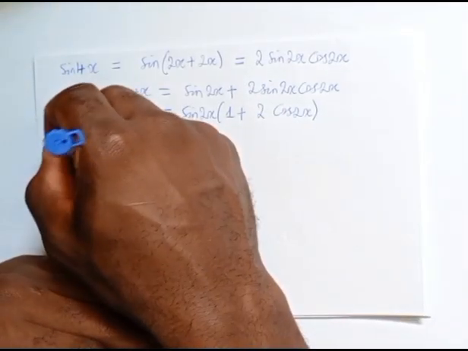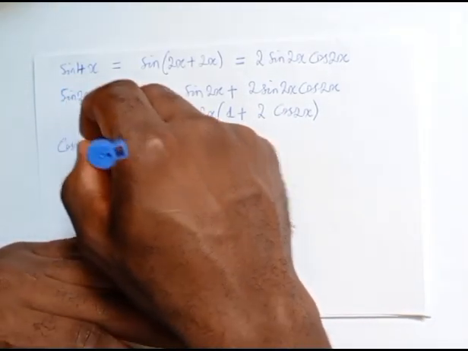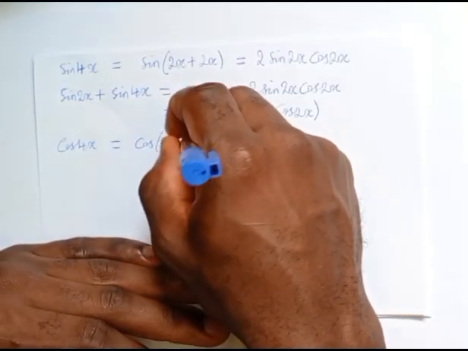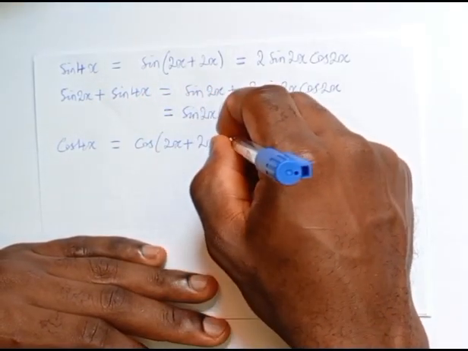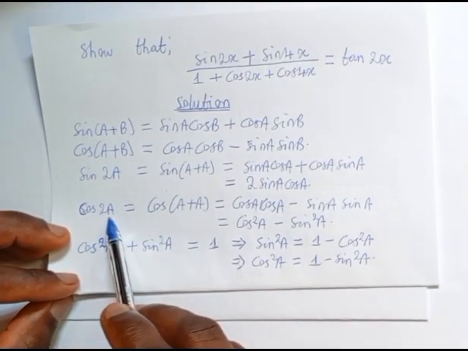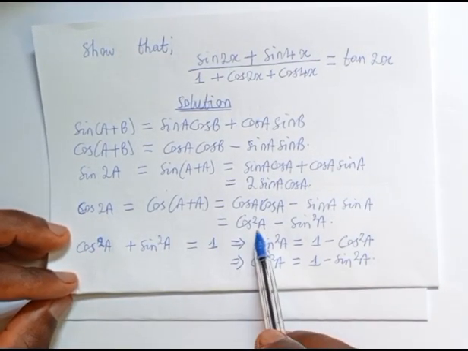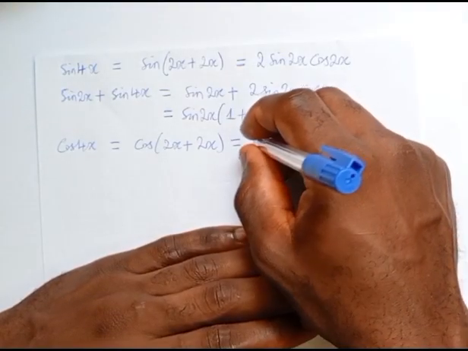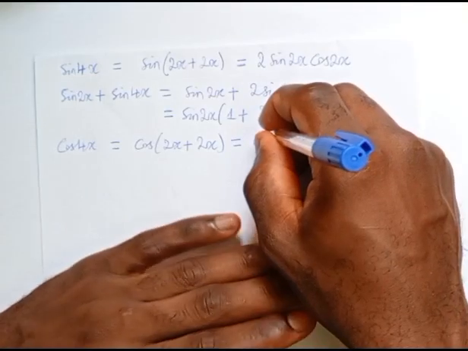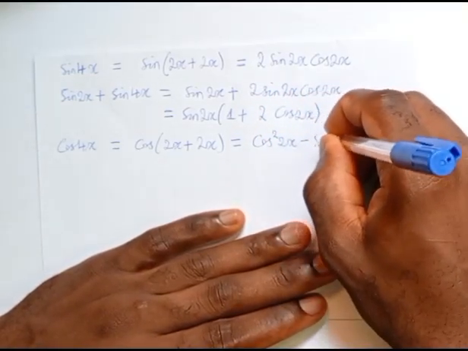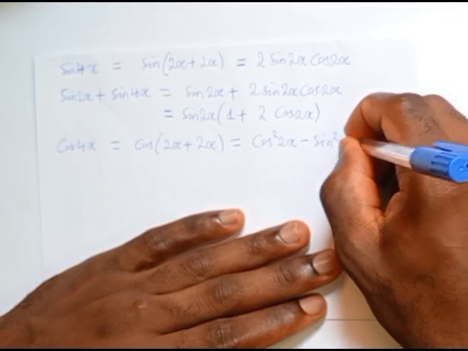Now if we take cos 4x, it is simply equal to the cos of 2x plus 2x, and this will simply be equal to, we are going to replace A with 2x, cos squared 2x minus sine squared 2x.